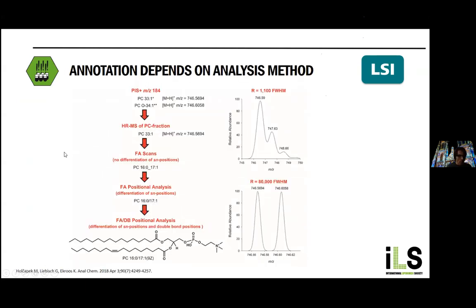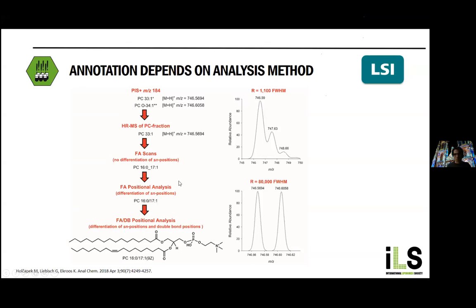So let me summarize that part. You have seen it's really based, our annotation and identification, on the type of analysis we use. If we use here low mass resolution, we may need some assumptions in our annotation. If we have higher mass resolution, we can, for instance, resolve that type of isobaric species.